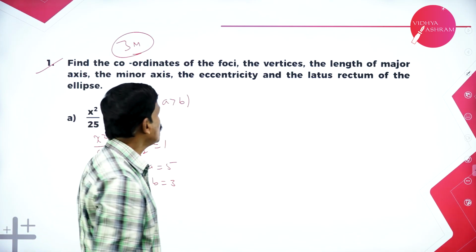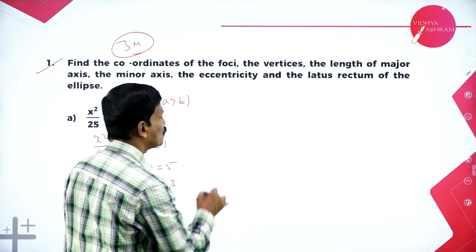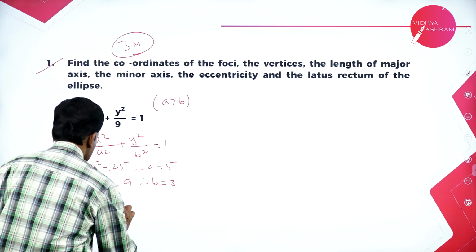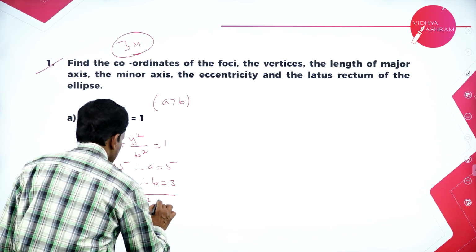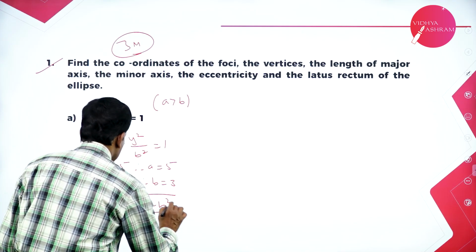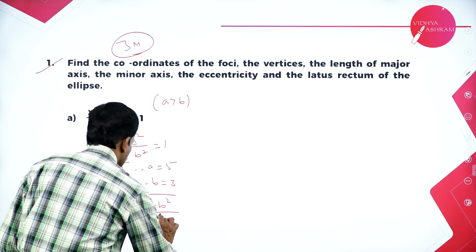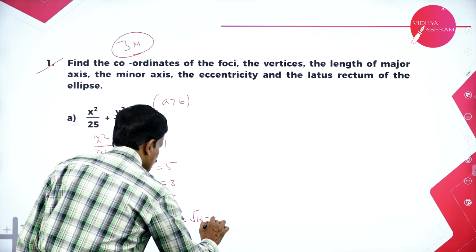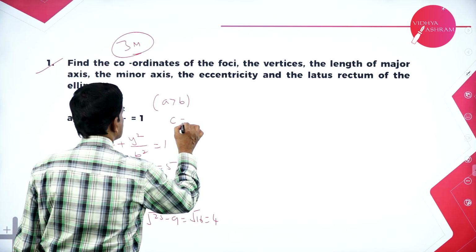Right. Now let us write down the coordinates of the foci first. First find out c. What is c from this? C is equal to root of a square minus b square, so that is root of 25 minus 9, that's equal to root 16. Square root of 16 is 4. So c is equal to 4.